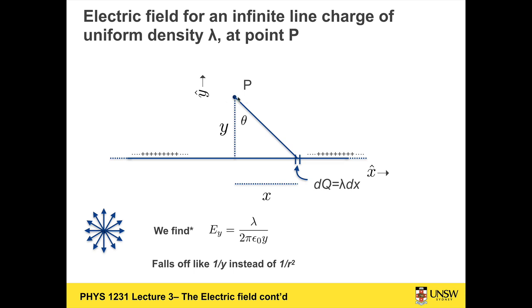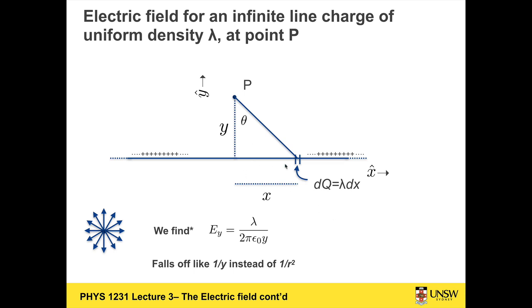So in the end, you know that the electric field can only point in the so-called y direction here. So it does look like this. And we worked that out without doing any real calculation, just by physical argument.